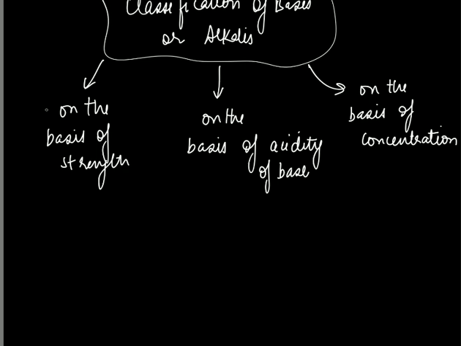So we'll start with this one, on the basis of strength. The same formula we have to use, that is, the degree of ionization of alkali we will write. Instead of base, we'll have certain examples of strong bases, which undergo complete ionization, and weak bases or alkalis, which undergo partial ionization. So the definitions are going to be the same, so I'll be writing only examples.